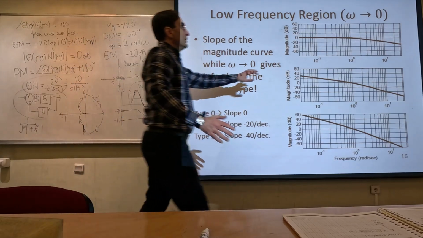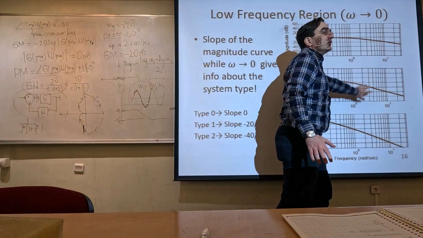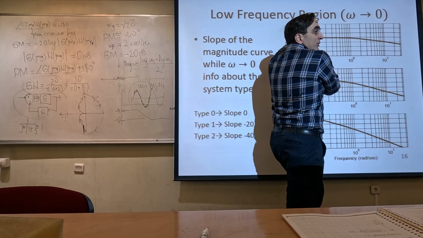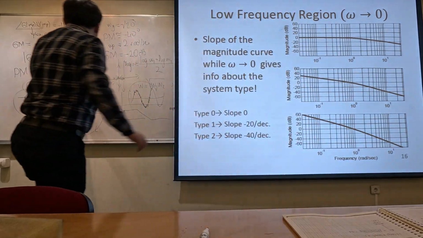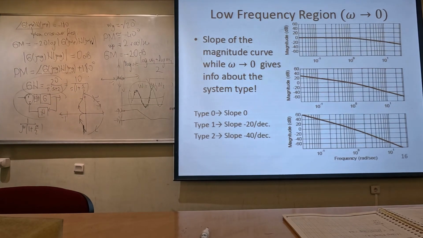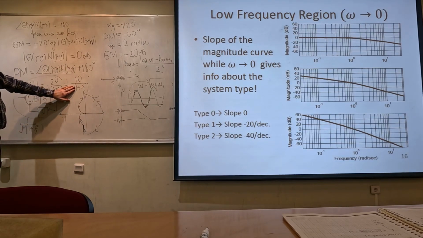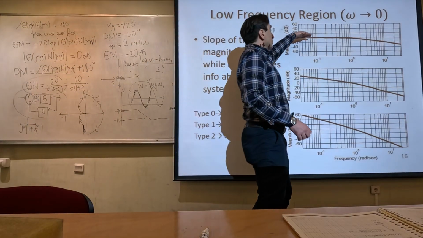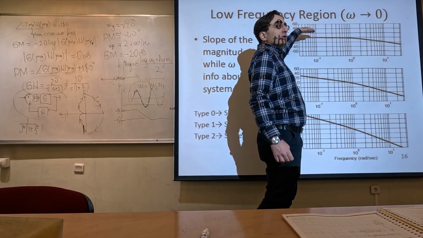That means that if we skip all of the corner frequencies and go to the leftmost part of a Bode plot, we will be able to see the number of integrators in the open loop system. And the number of integrators is going to be given to us by the slope of the Bode plot for low frequencies. If I don't have any integrator, what is going to be the slope? It is just going to be equal to 0. So your Bode plot is going to be looking like this.